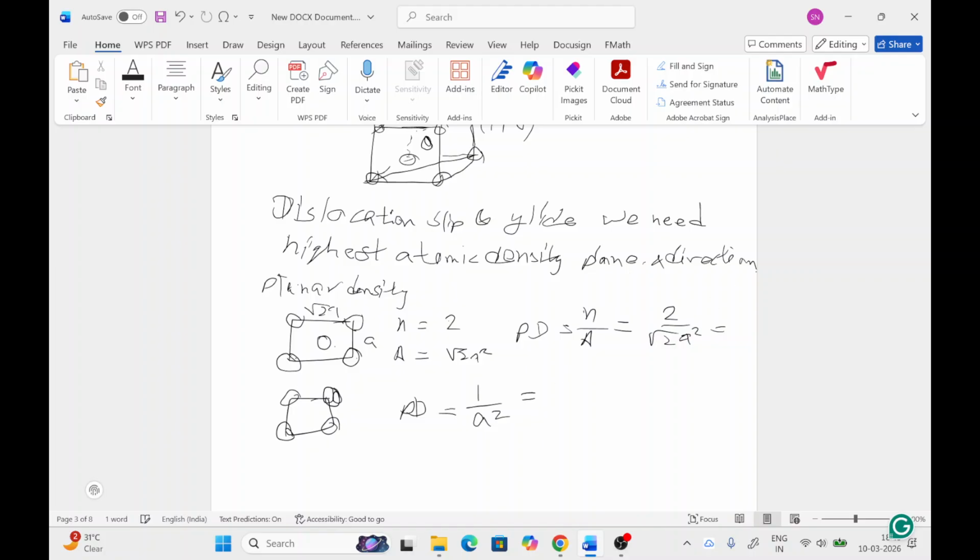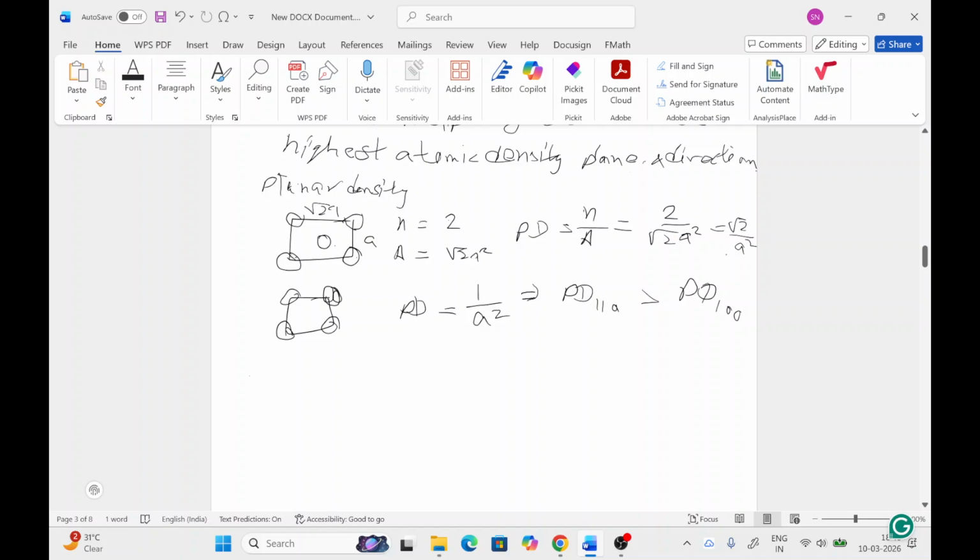The first one is giving root 2 by a square, and this is only 1 by a square. So the planar density for 110 is greater than the planar density for 100. So this is the close packed plane.